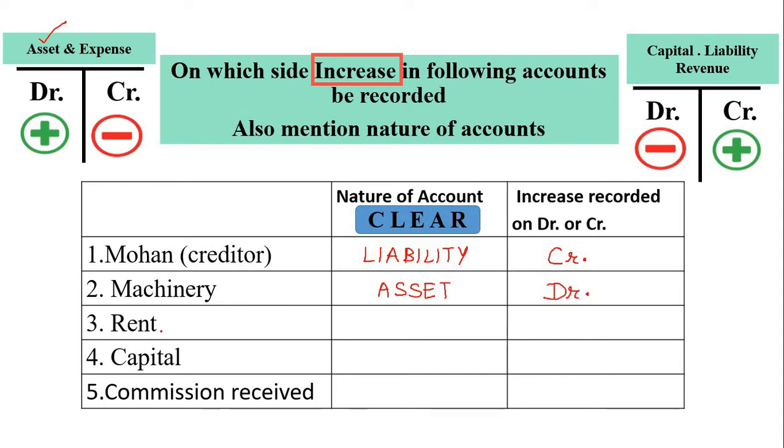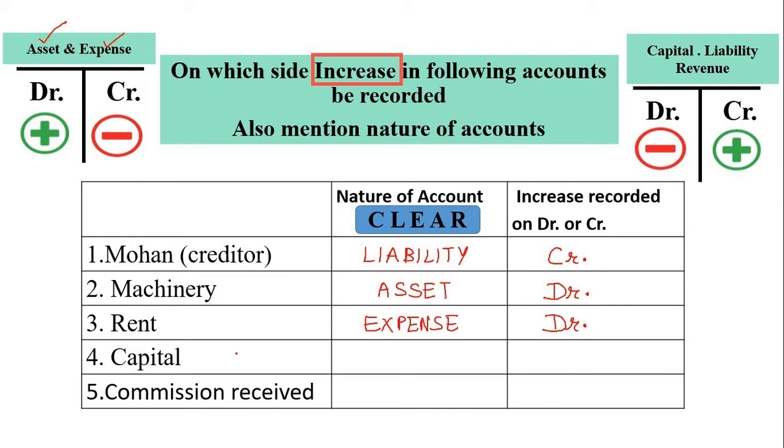If it is rent, we always assume it to be rent paid. So rent paid is an expense, and once you know the nature of account, you can apply the rule of debit and credit. The rule is increase in expenses is debited. So increase will be written on the debit side.